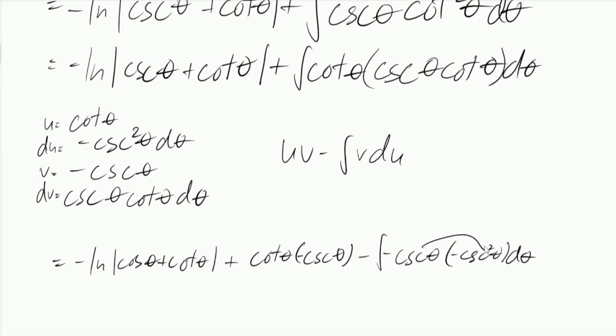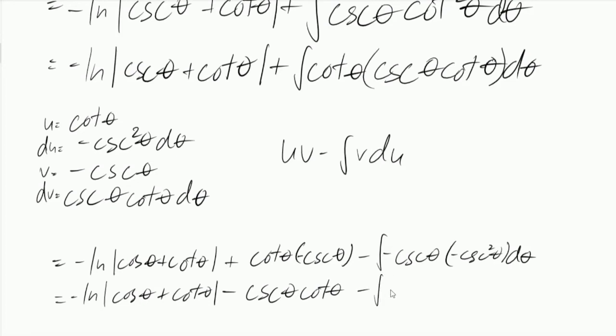Next, multiply cosecant and cosecant squared, and then copy the others. And then also multiply both of these terms here, so it will become negative cosecant theta cotangent theta minus the integral of cosecant cubed theta d theta.